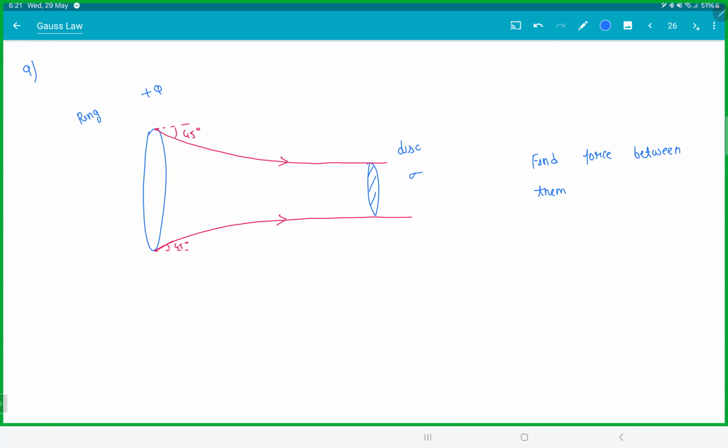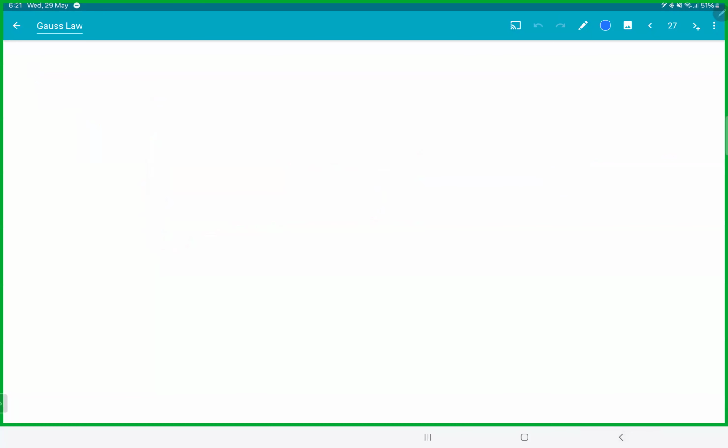Sigma Q by, yeah. The previous one, this thing has a relation, same thing. If you just look at the ring here, think about it. If you take the ring exactly at the center, what is the field at the center? It's a null point, right?